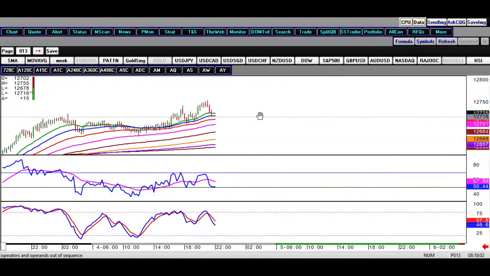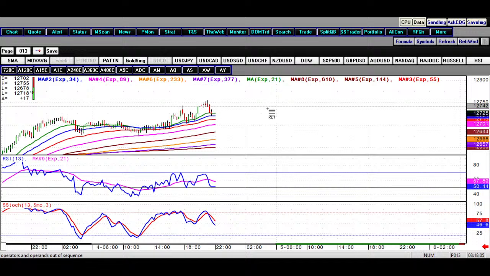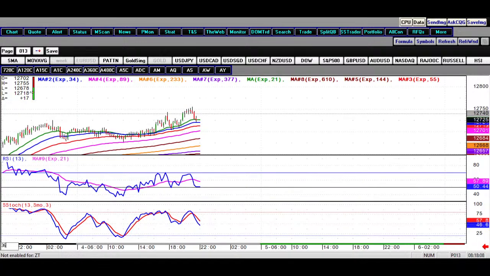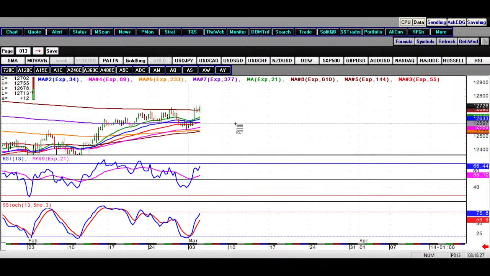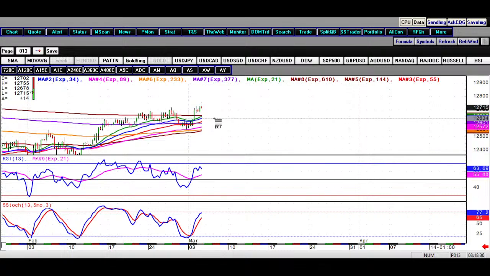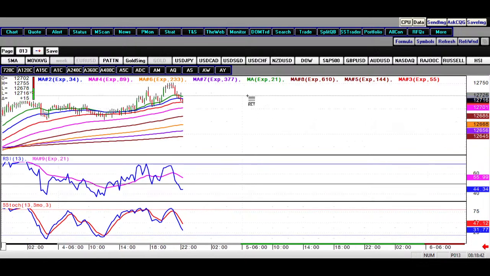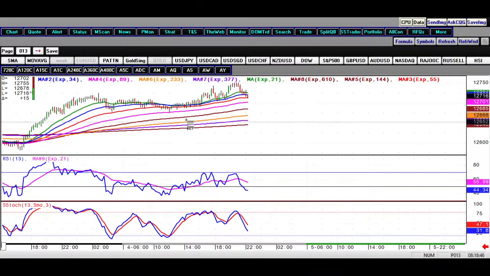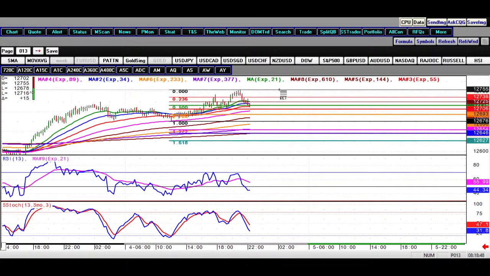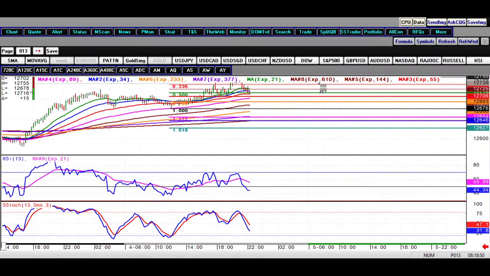Okay, the pound looks like it has made a top, and it also started to trade below the low. So what we can do is go for an additional sell.